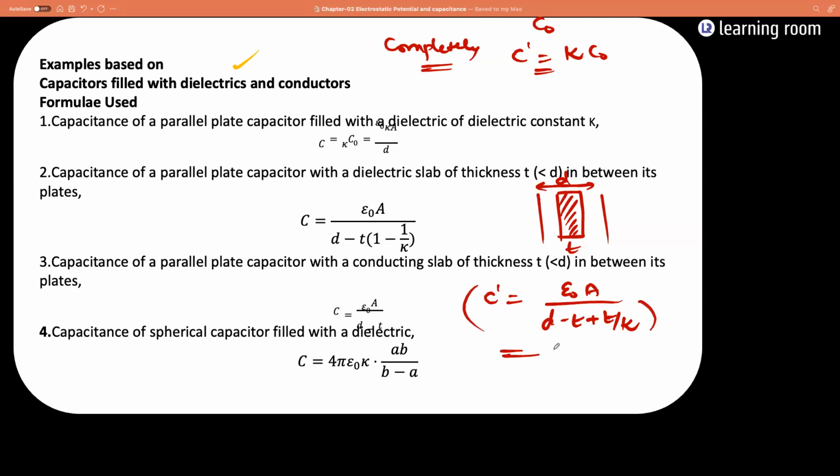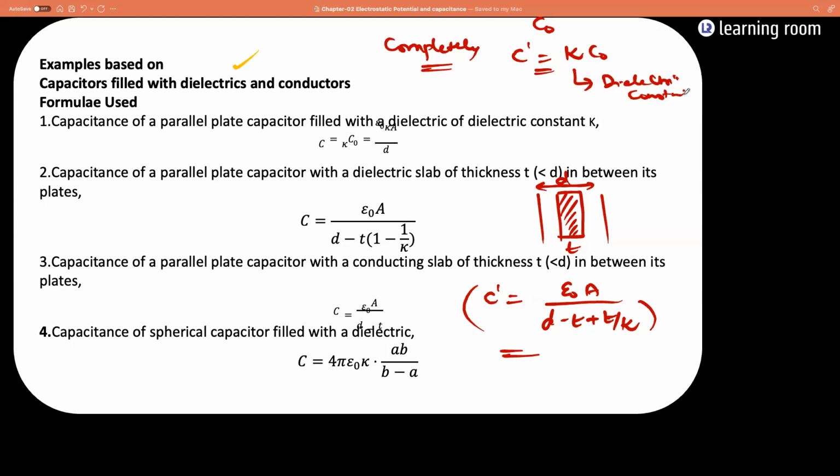Does everyone know this concept? Yes, sir. So kappa stands for the dielectric constant.